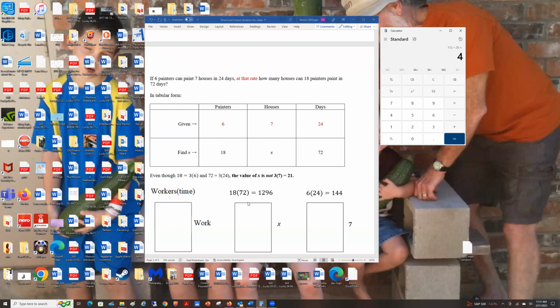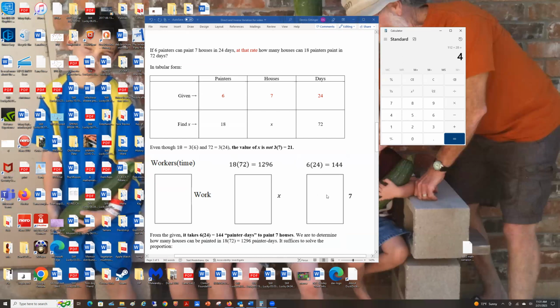So 18 times 72 happens to be 1296 over X. This is called painter days, because it's the number of painters times the time. In this case it is 18 painters times 72, and 6 painters, 6 times 24. And the other side is always going to be 6 times 24 divided by 7 for this data.